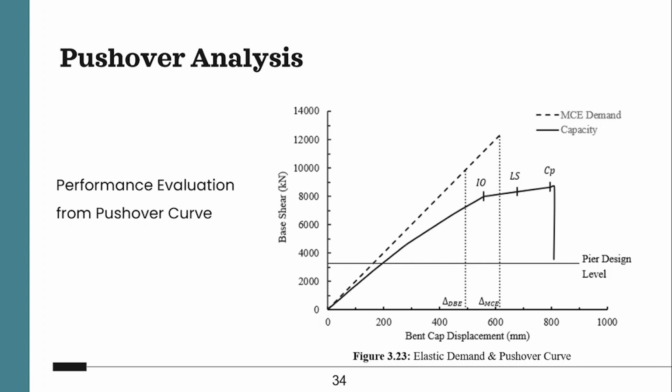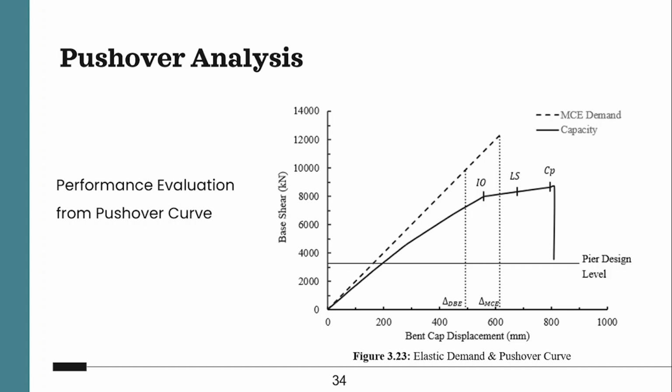So this is the pushover capacity curve that we found from this software. The dotted line shown here is the MCE demand line. There is a convention for evaluating the demand displacement for bridges: the displacement that will occur to the linear structure will be the same as the displacement that occurs to the nonlinear structure if they are designed for the same load.